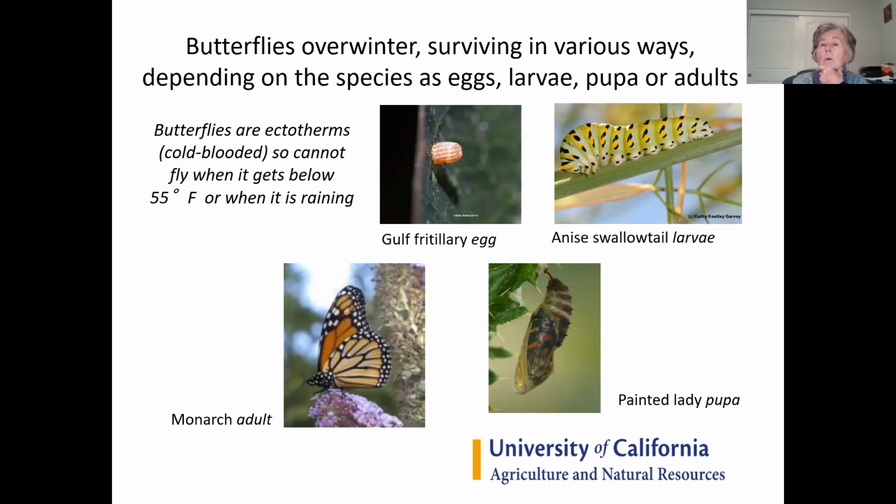So here are some examples of different stages where they will overwinter. A Gulf fritillary egg, an anise swallowtail larva, a painted lady pupa, and finally the monarch adult butterfly. So each of these species overwinter in those particular stages.